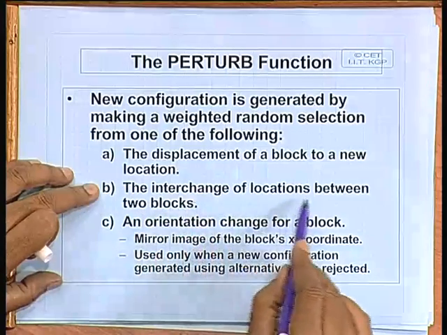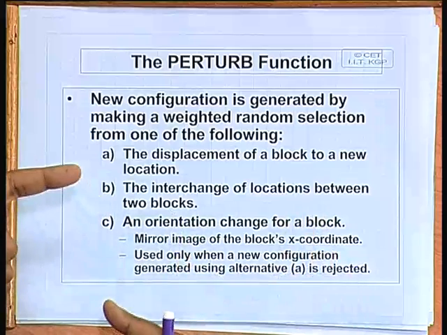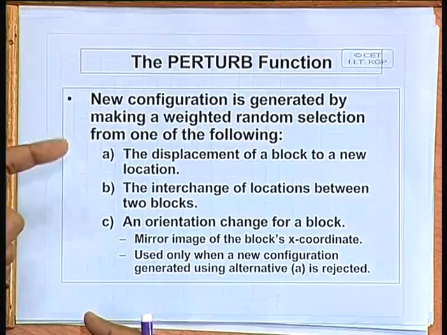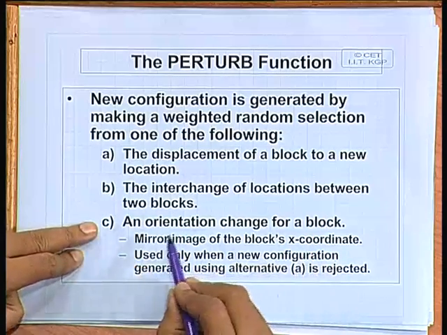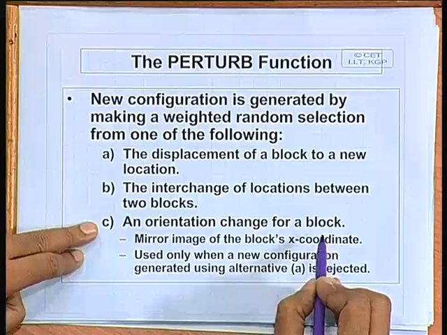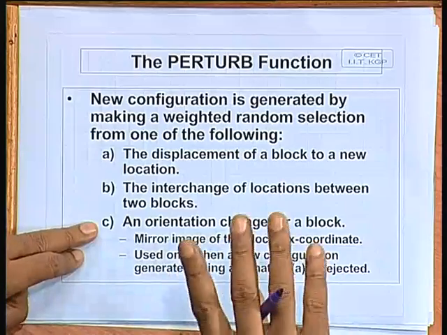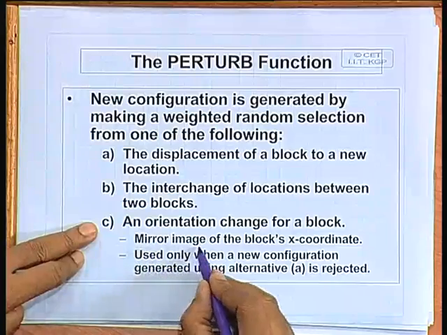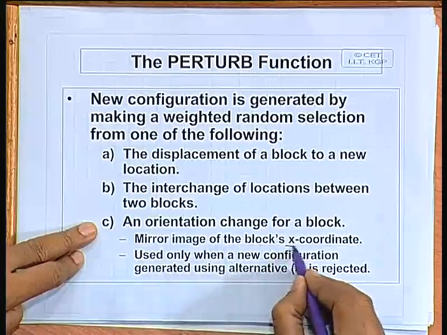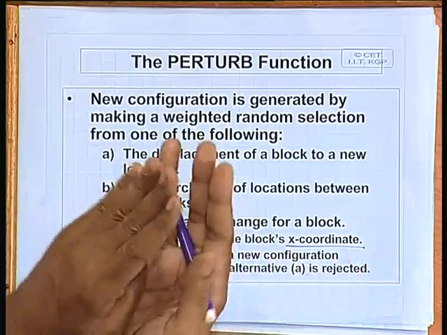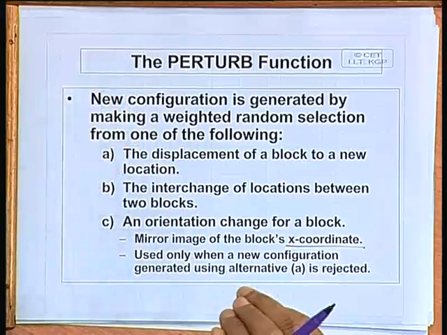Second, the interchange of location between two blocks, you exchange their positions. And third, you change the orientation. Orientation in general may mean rotation or mirror imaging, but in this case they used only mirror imaging with respect to the x coordinate, just a mirror image of the block with respect to x.